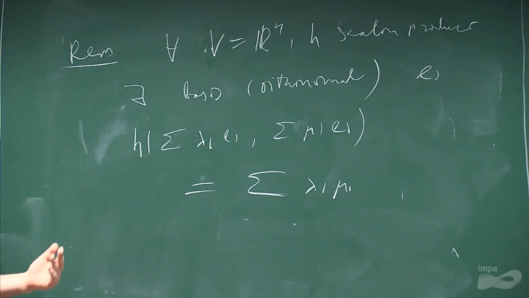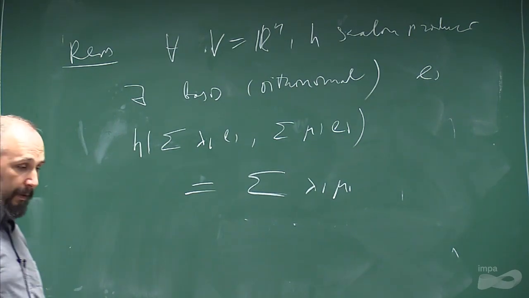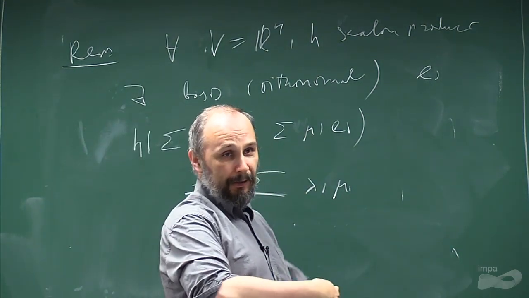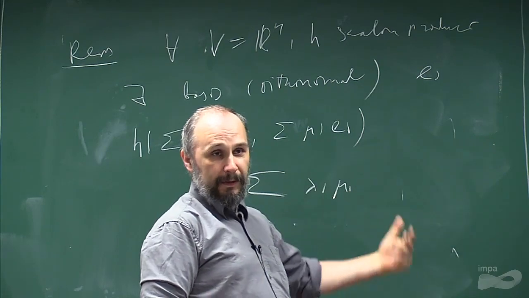How do you get it? You just take any vector, you multiply it by a number so its square is 1, and you take the orthogonal complement, and you apply the same argument to this orthogonal complement, which has smaller dimension.